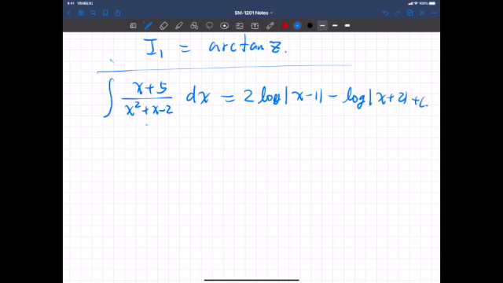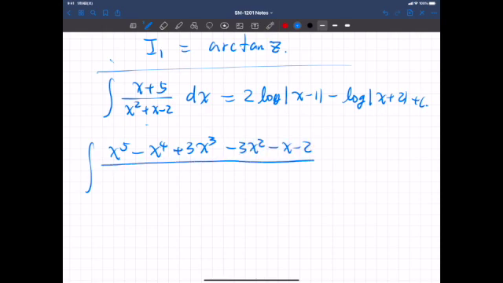And another example, again, we also did this before as an example of partial fraction decomposition. x squared minus x minus 2 over x to the power of 4 minus x cubed minus x plus 1.